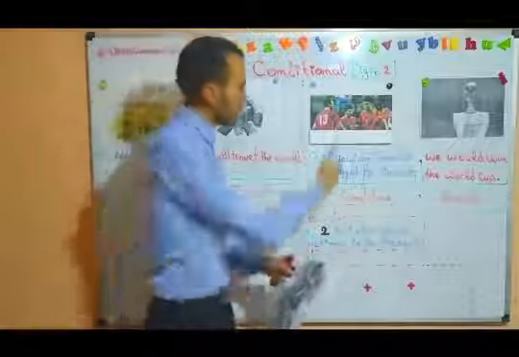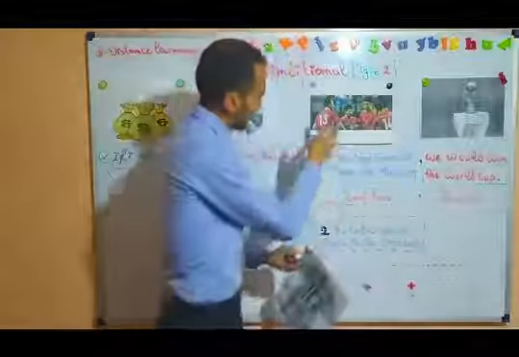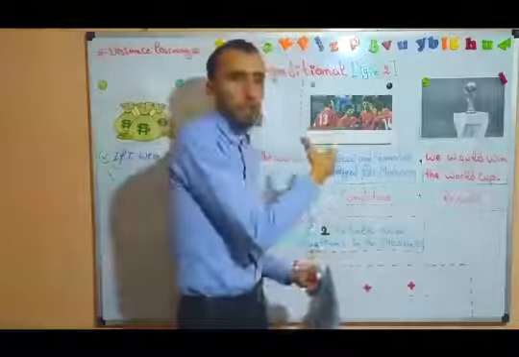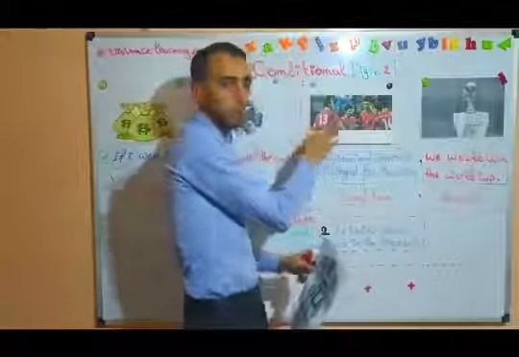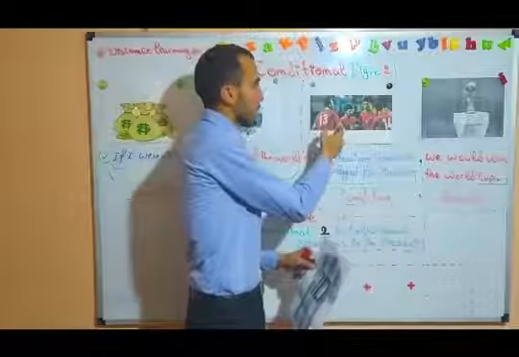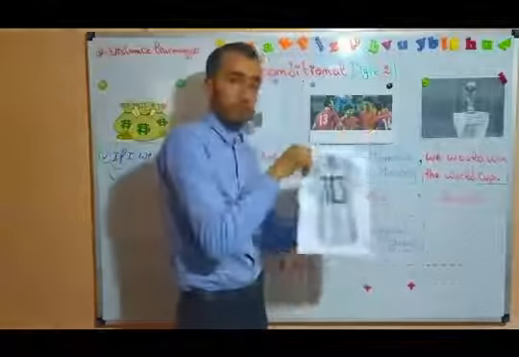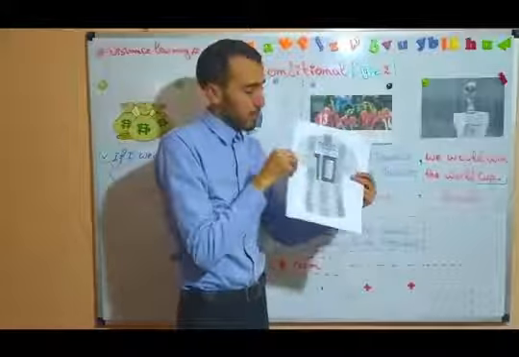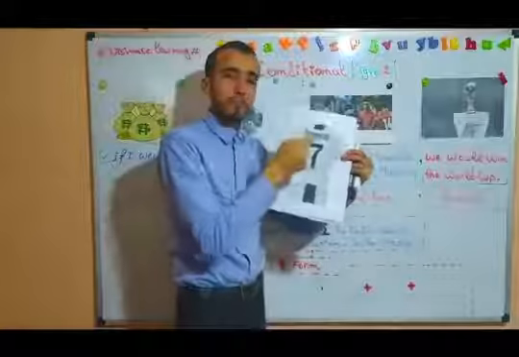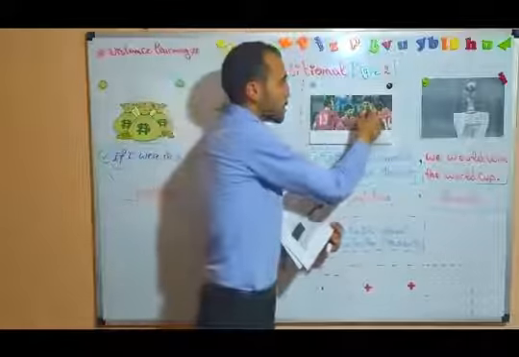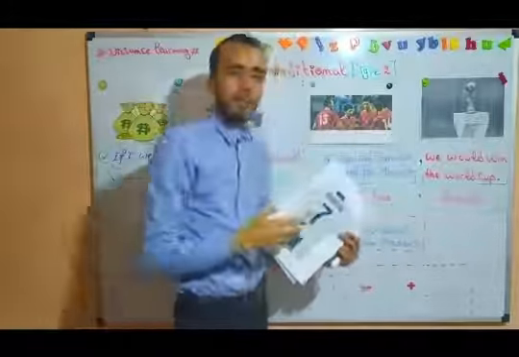I'd like you to have a look at this picture. I think the picture is not that clear, but I will describe it. It contains Messi and Ronaldo, part of the Moroccan football team.